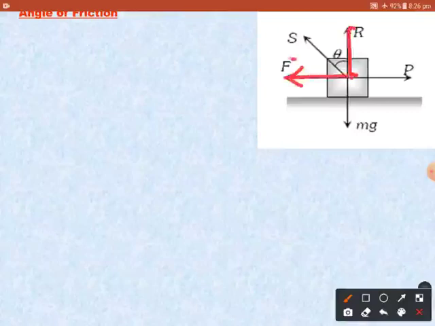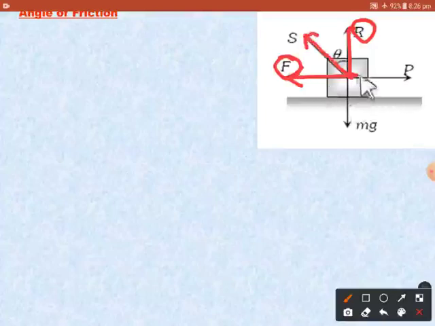The resultant of this frictional force and the normal reaction will be in this direction, by completing the parallelogram. Here in this case both are perpendicular, so you can say rectangle. By completing the parallelogram, the resultant of this normal reaction and the frictional force will be in this direction, right?